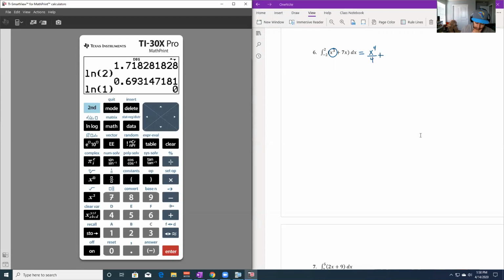Plus, now we look at 7x. The 7 will stay outside. And again, we will use power rule on the x. So that is x to the 1st, which means by power rule, that becomes x squared over 2. And you will evaluate it from -2 to 2.